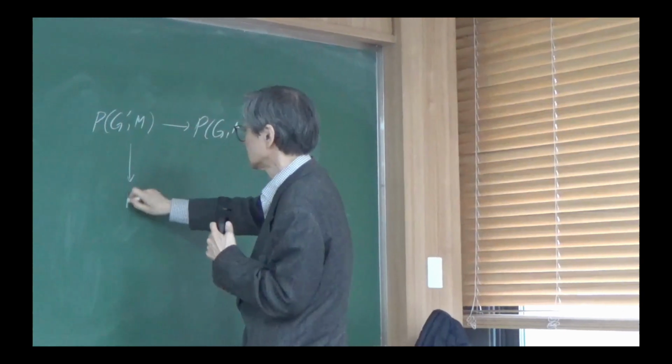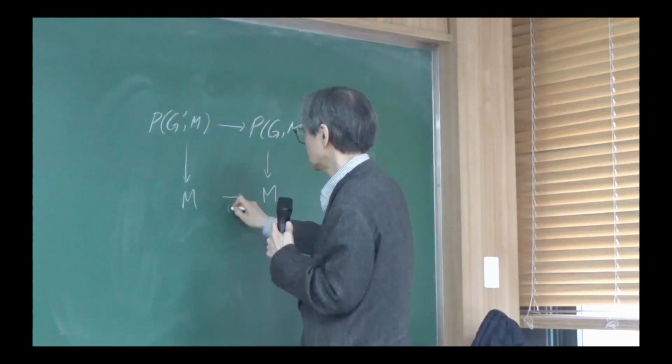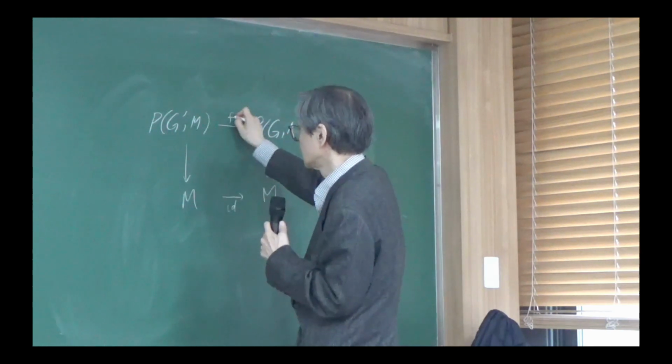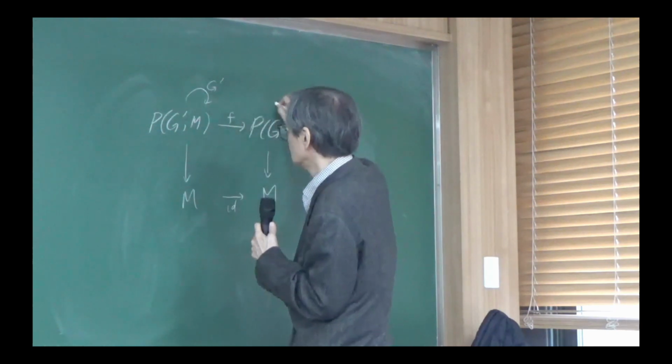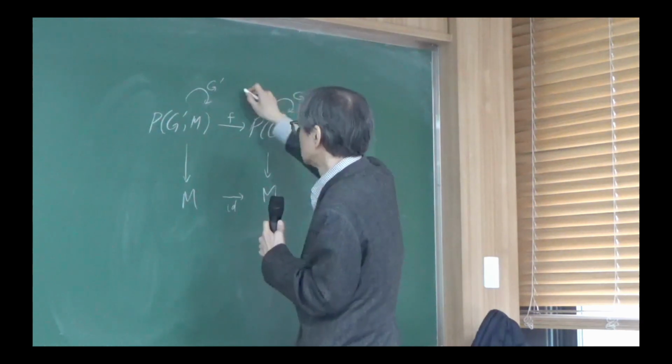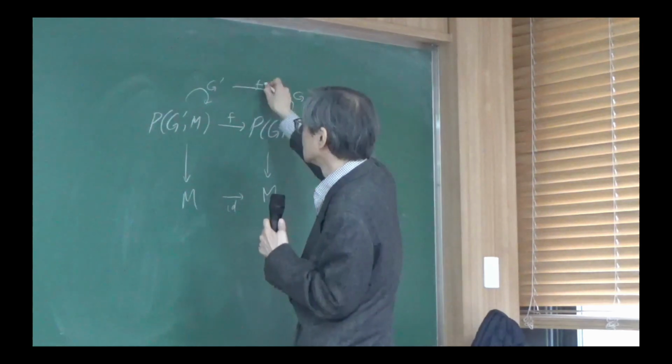This is the identity map, and this is some map here, and of course G prime X on the right and GX here. And of course there's a map F, let's say this will be F tilde.